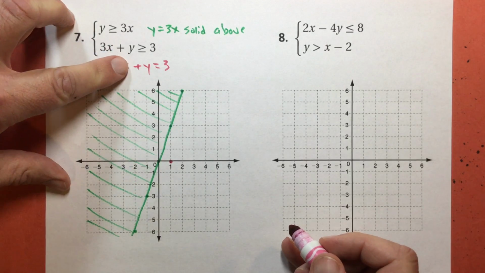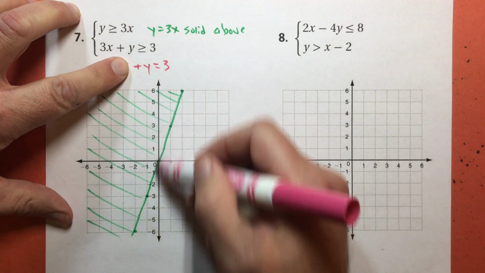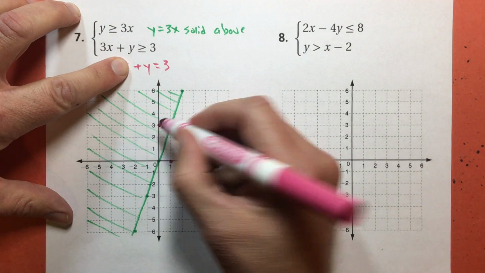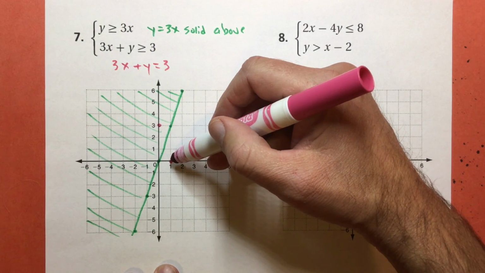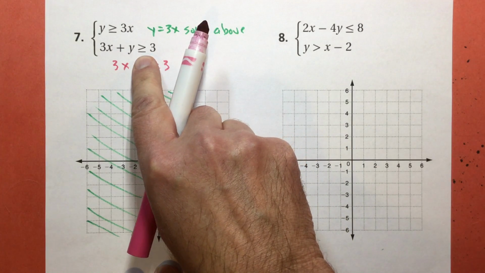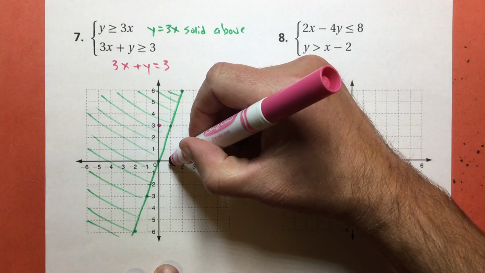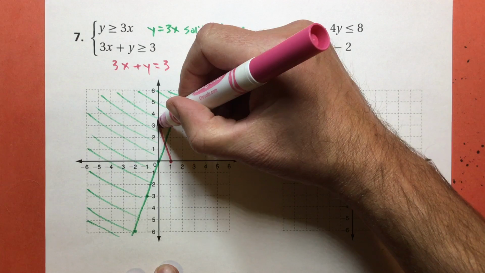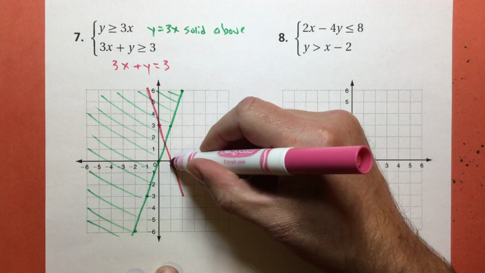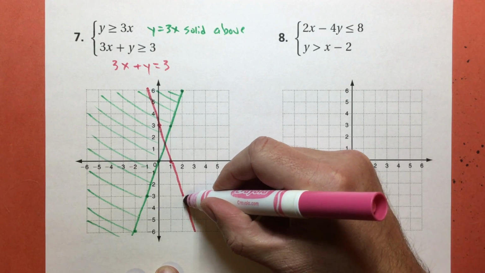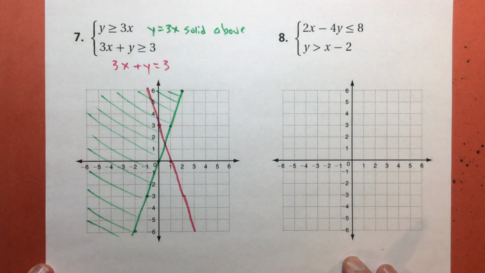And if I let x equal 0, on the y-axis, I get y equals 3. So my line is going to go between these two and beyond. Because it's greater than or equal to, I'm going to draw it as a solid line. You know it's going to go that way and that way. It's what you do when you draw it without a ruler.